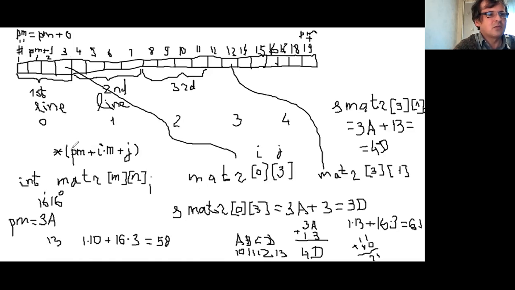So this is the address, the number. This is the value located in this address. So this ampersand gives us the value located in a given address. This operator ampersand gives us the address of a given value.